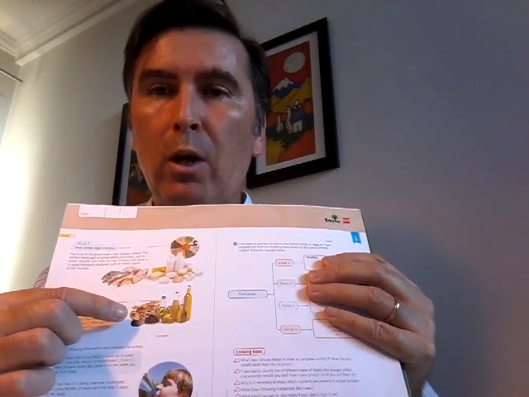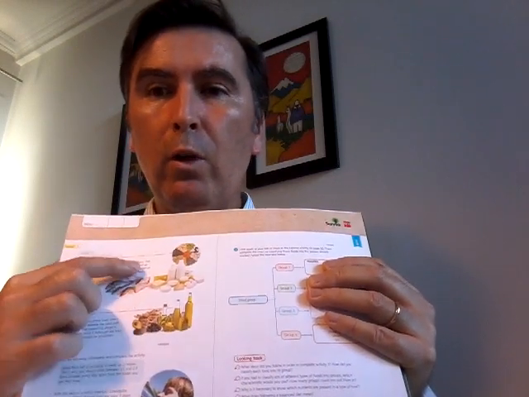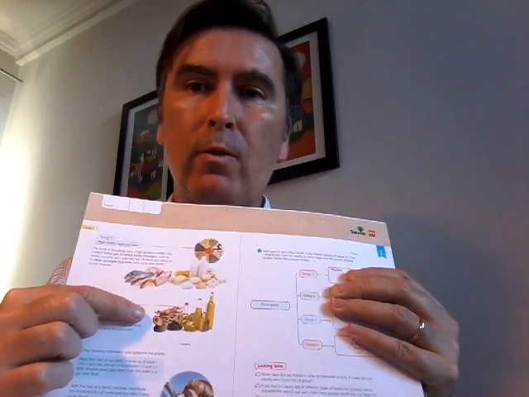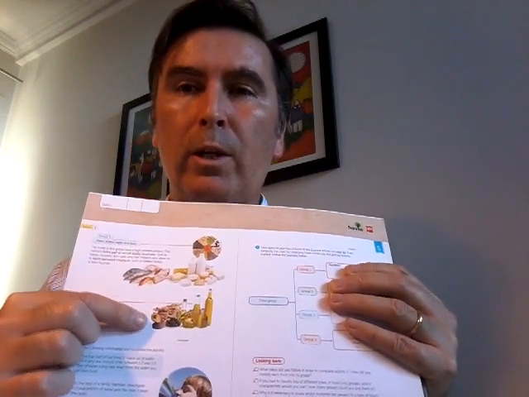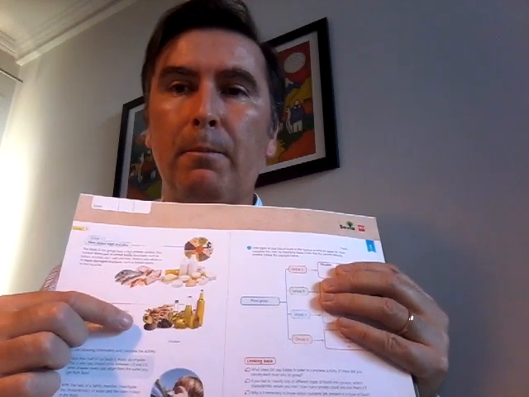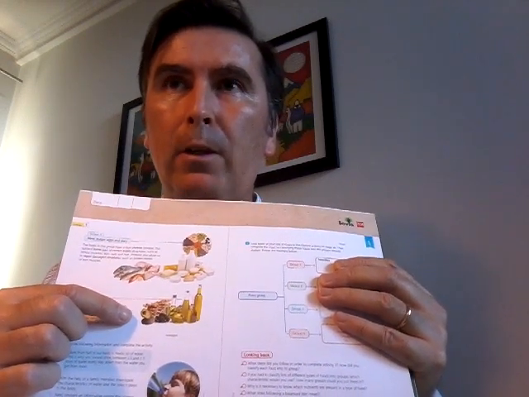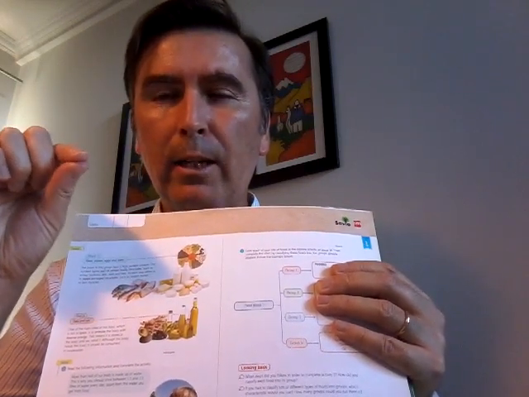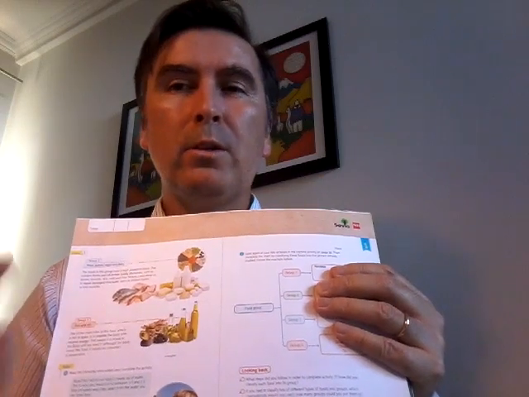Maybe you don't know the name in English of all of them, but in that case you can use a dictionary, or you can ask your mom or your dad if they can help you. If you don't remember very well how to write exactly the word in English, don't worry, it's not the most important thing.